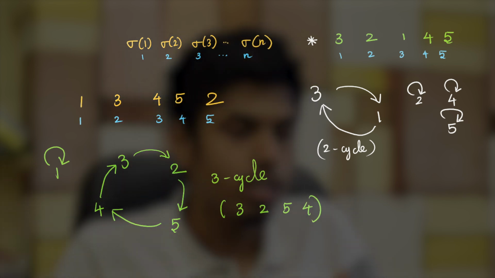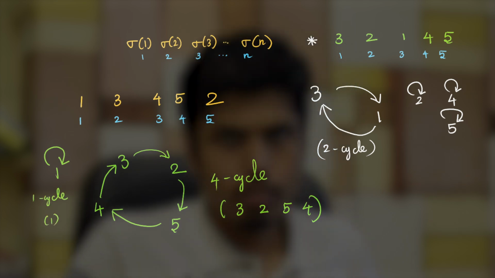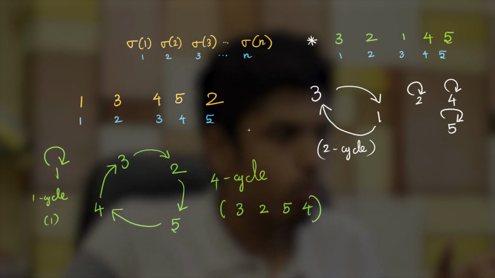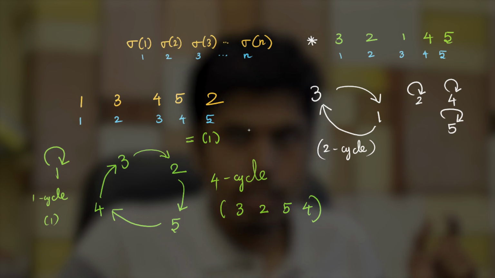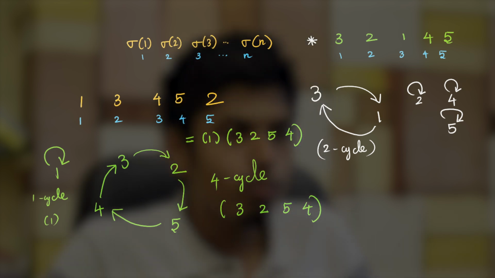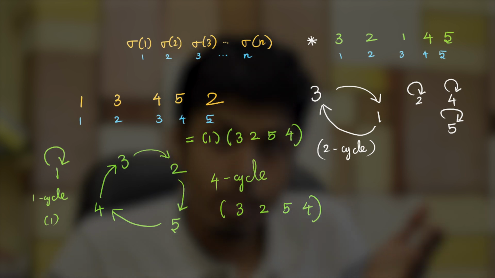And it just repeats. So this is a 4 cycle. And this is a 1 cycle, which can be represented as 1. Thus the entire permutation 1, 3, 4, 5, 2 is essentially the 1 cycle (1) combined with the 4 cycle (3, 2, 5, 4). So we then regard the permutation with its cycle representation.